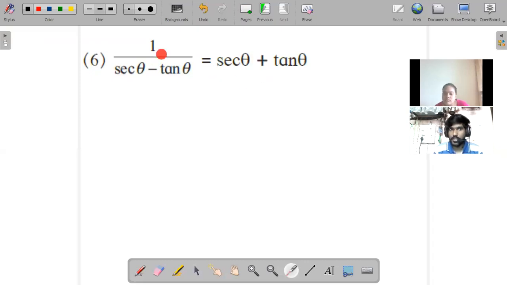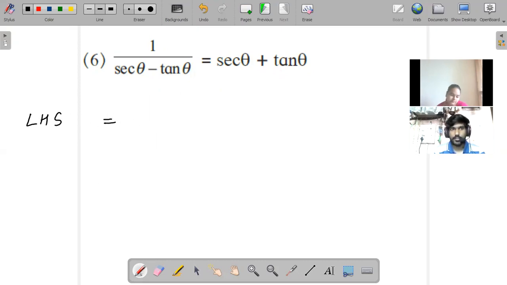Sorry, we will take the left hand side, and we try to prove the right hand side. So every time is to do left only, right? Yeah, we have to do left only. But in some sums, depending on how the sum is, it may be easier using the right hand side and bringing the left hand side. It depends on the sum also. So let's use the left hand side here.